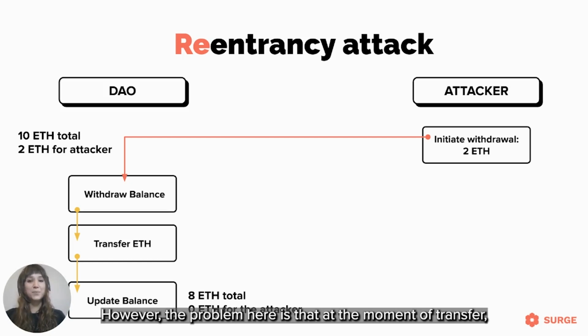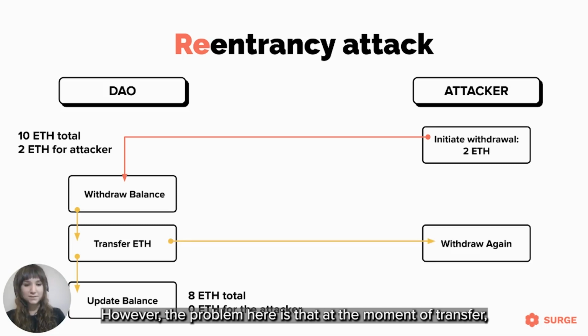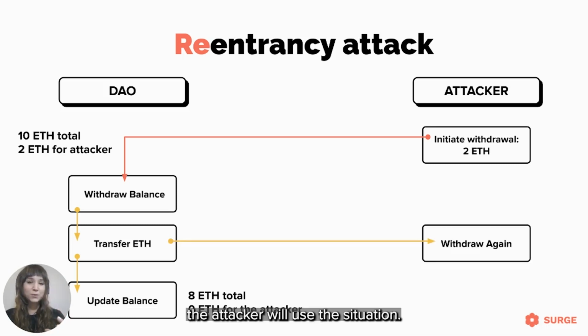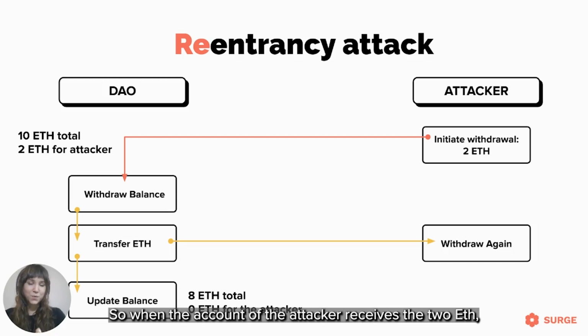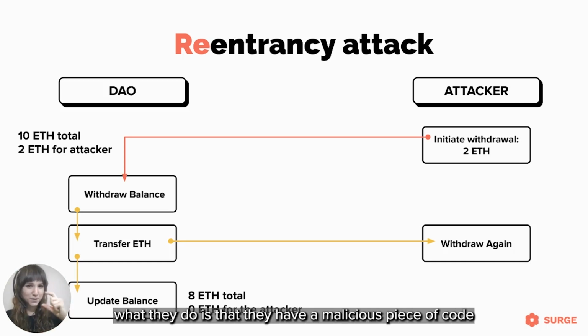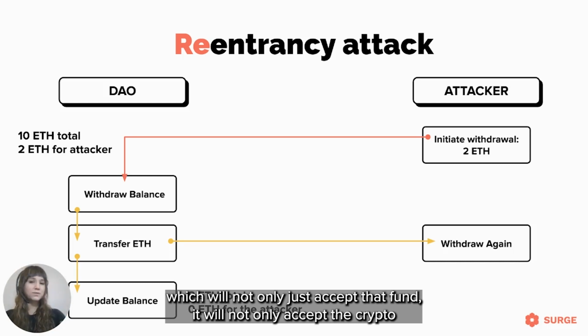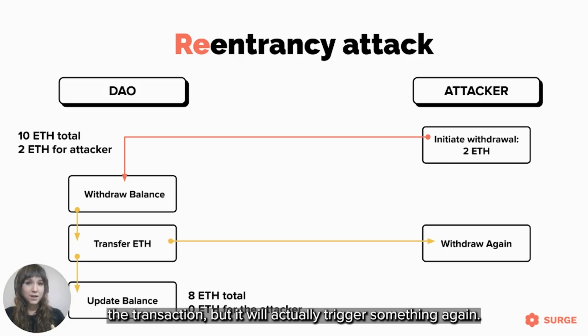However, the problem here is that at the moment of transfer, the attacker will use the situation. So when the account of the attacker receives the 2 ETH, they have a malicious piece of code which will not only accept that fund, not only accept the crypto, the transaction, but it will actually trigger something again.